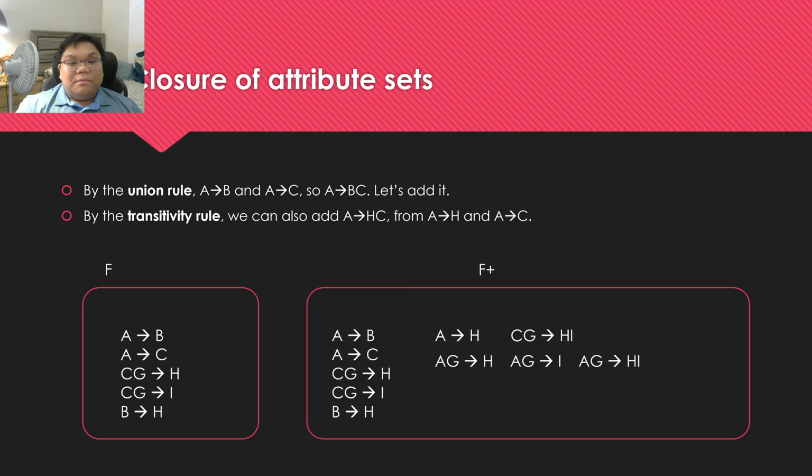We can also add A determines HC from A determines H and A determines C. This should be the union rule again. But we can add them.